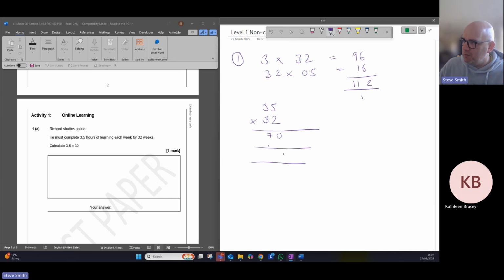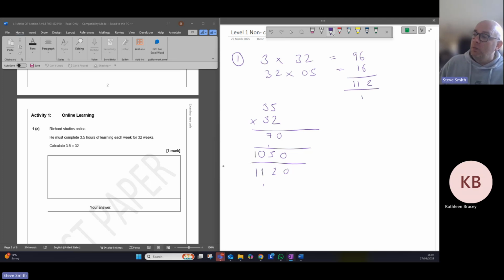Then because we're timesing by 10, we put the 0 in here. 3 times 5 is 15. 3 times 3 is 9, add our spare, that's 10. So we're going to add those numbers up. 1 and 0 is 1, and 1 and 1 is 1.